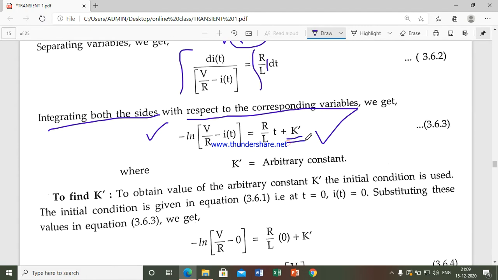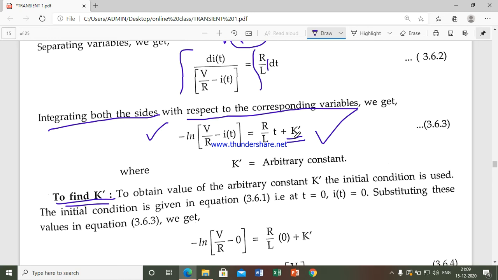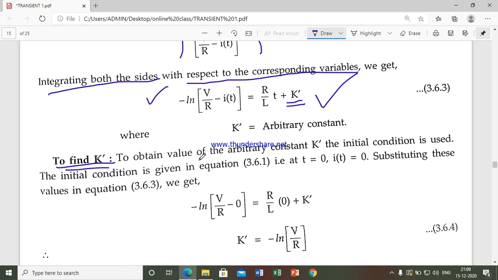K dash is an arbitrary constant here. To find K dash, now I will find the variable K dash in this expression. To obtain the value of the arbitrary constant K dash, the initial condition is used.